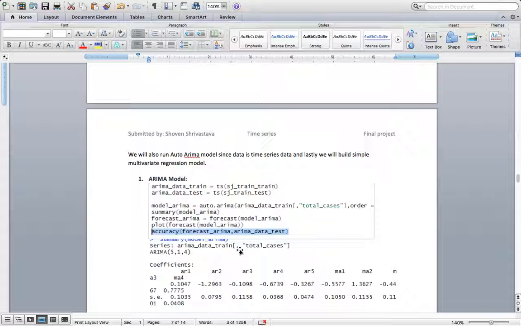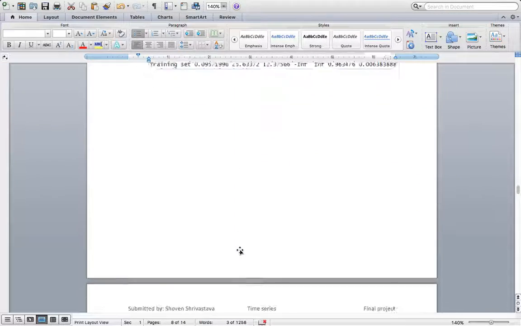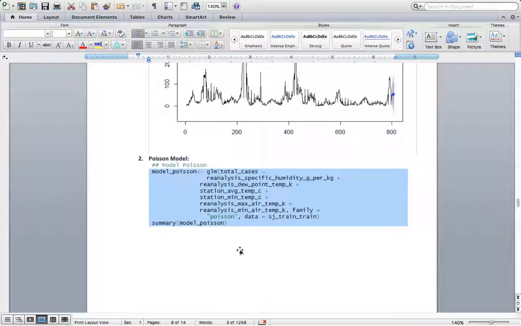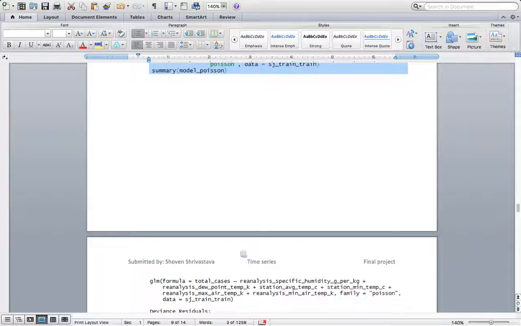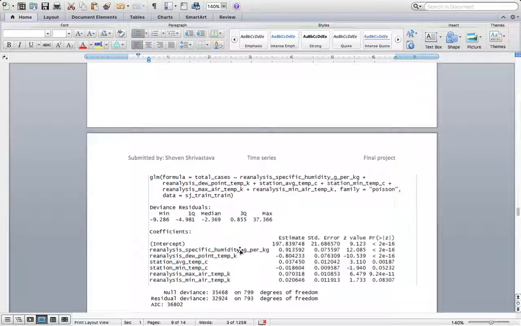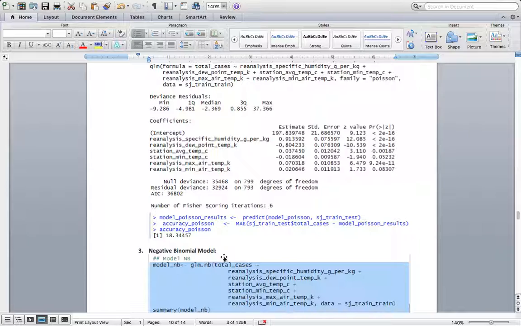So I built an ARIMA model, a Poisson model, and then a zero inflated Poisson model, because there are a lot of zeros in the data set. I thought that may give us a more definite predictive value. And then I built a negative binomial model.